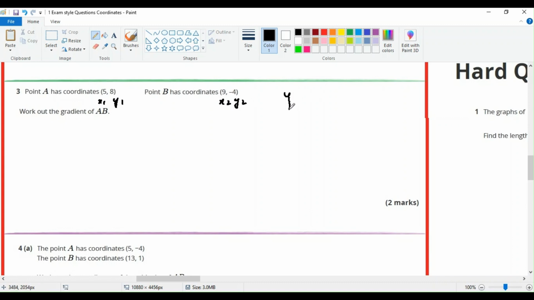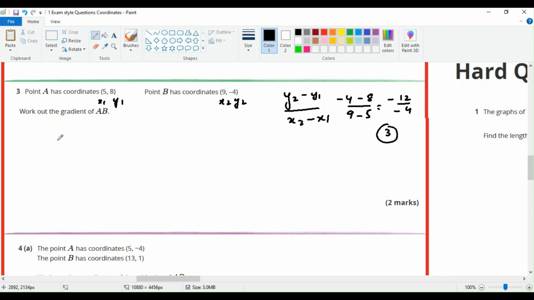That means the formula for gradient is y2 minus y1 over x2 minus x1. That means it is going to be negative 4 minus 8 over x2, which is 9, minus 5. That means this is going to give us negative 12 and this is negative 4. That means positive 3 is the gradient.